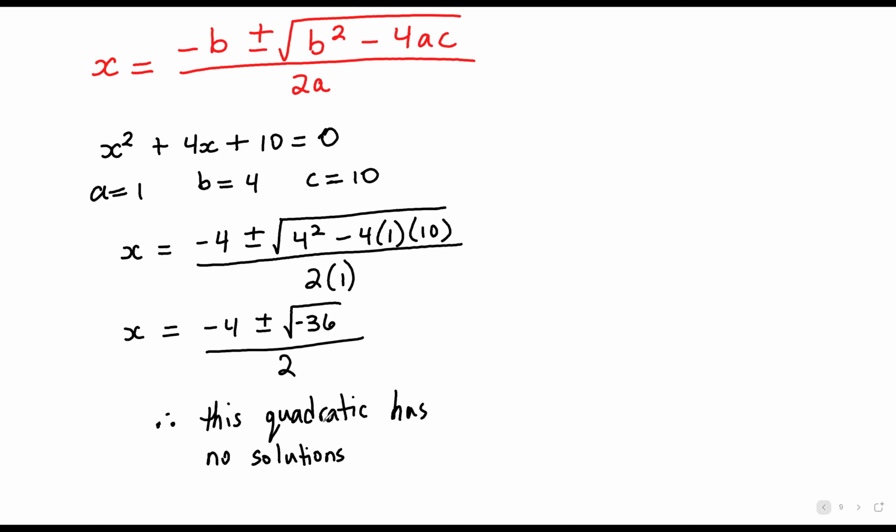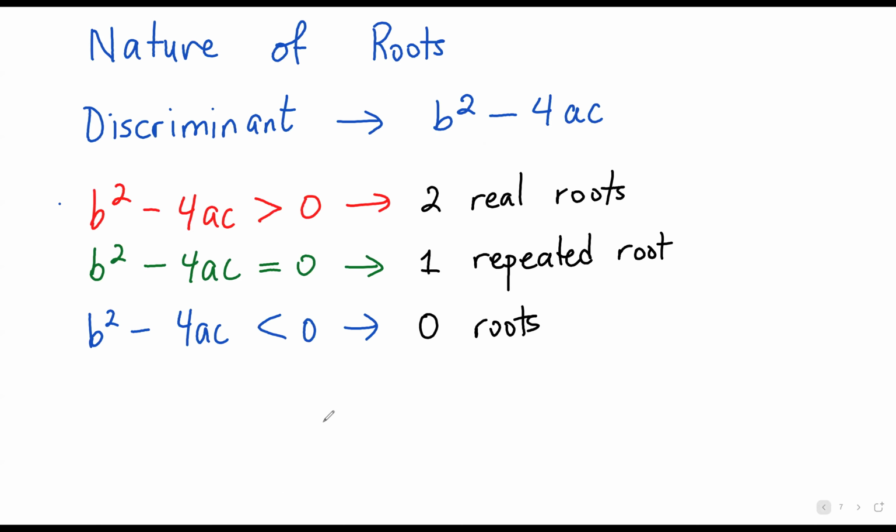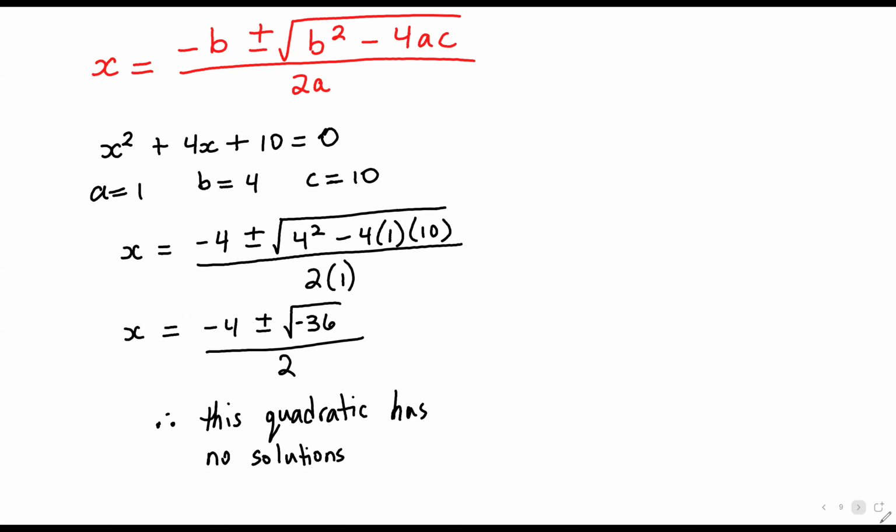And you can determine what types of solution a quadratic has, whether it has two real solutions, one solution, or zero solutions, by checking what the discriminant tells you. So if the discriminant is positive, if b squared minus 4ac is greater than 0, you have two real roots, as was the case here, right?